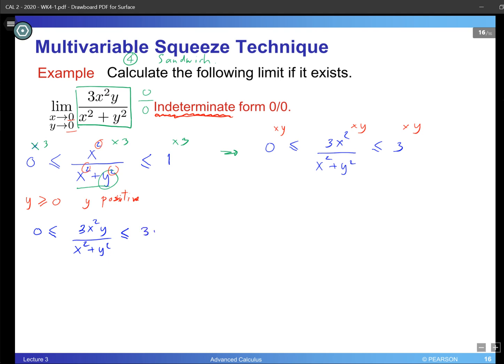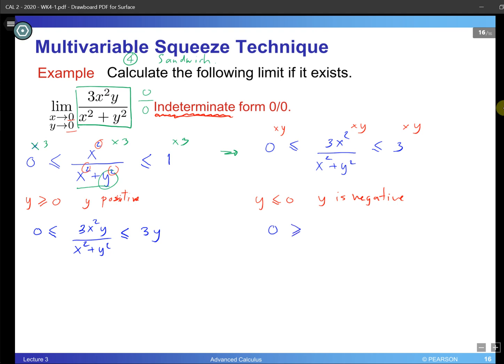Okay, 3y. And now, the other case when y is less than or equal to 0, or in other words, y is negative or 0, then the sign of this inequality is going to be backward, right? So here, instead of having less than or equal to, this is going to be greater than or equal to.